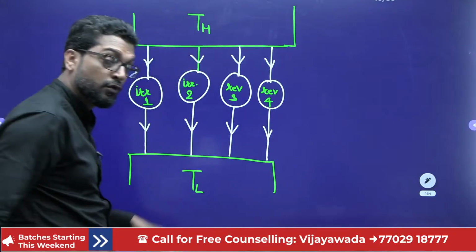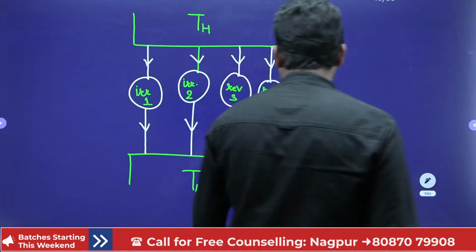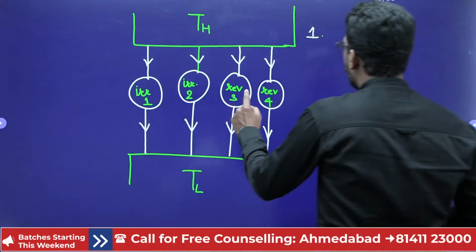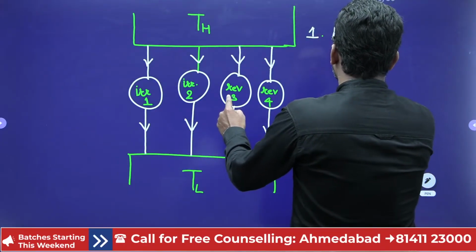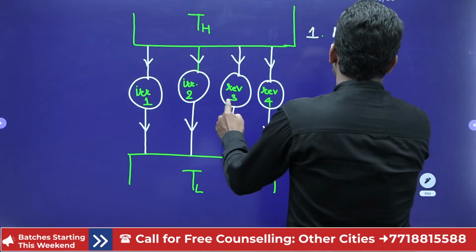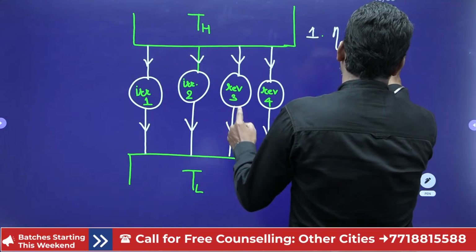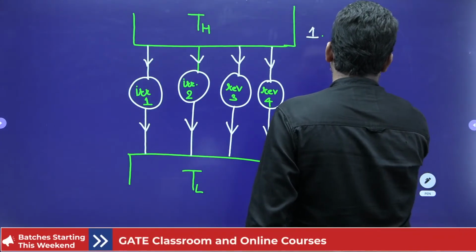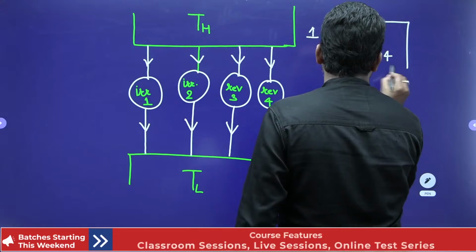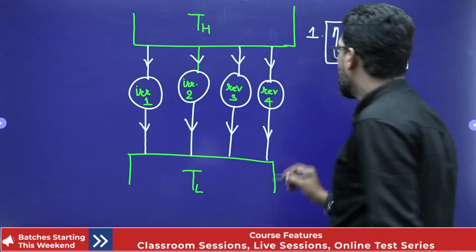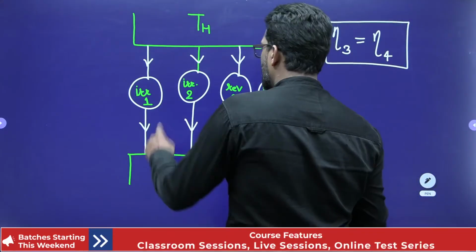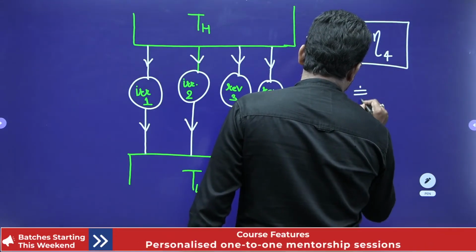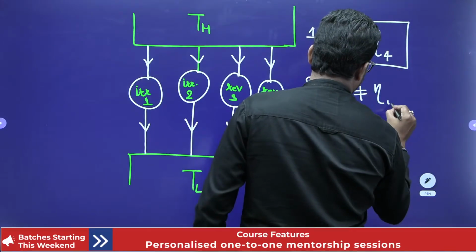What is the combined conclusion? Number first, you can say that the efficiency of 3 is equal to the efficiency of 4. Yes or not? Second, you say that the efficiency of first is not equal to the efficiency of second.